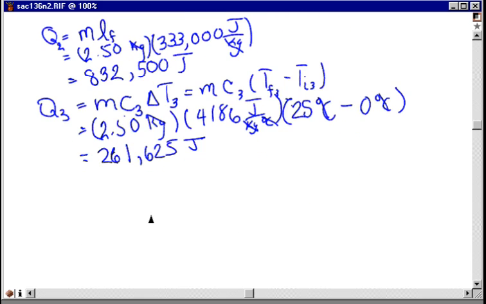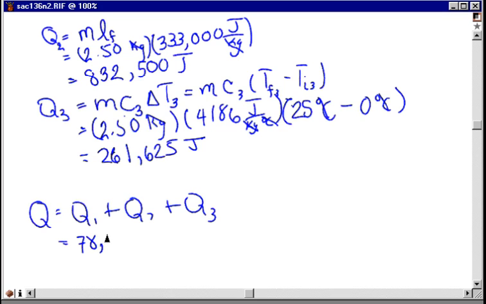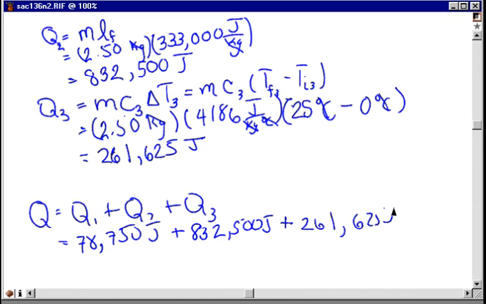We will take those individual ones and add them up, putting in the values that we computed above for each of the different Qs, to give a total of 1,172,875 joules.